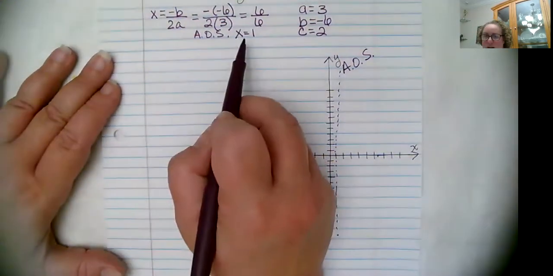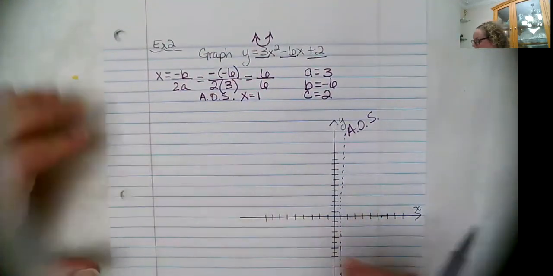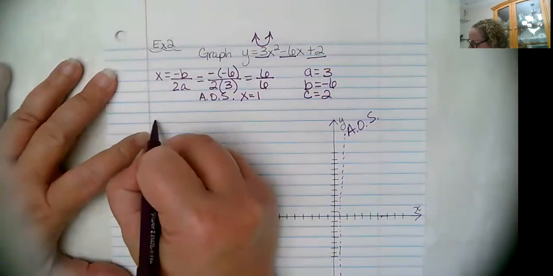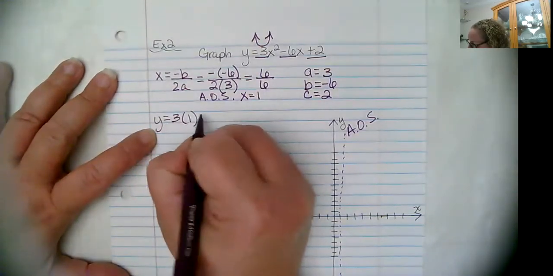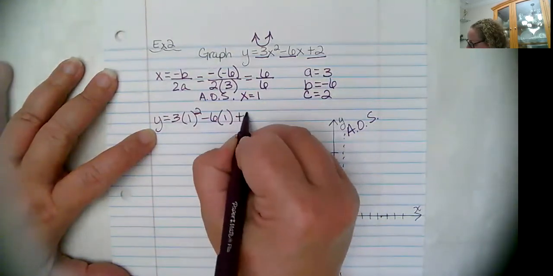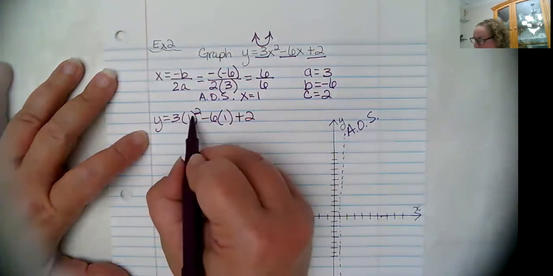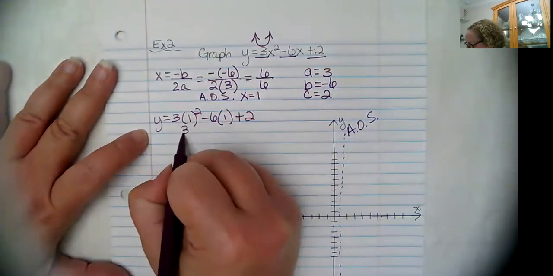So now with that x value, we're going to plug it back into our original equation and solve for our y, and together it's our vertex. So we have y is equal to 3 times 1 squared minus 6 times 1 plus 2. Apply that exponent first. Well, 1 times 1 is 1. 3 times 1 is 3.